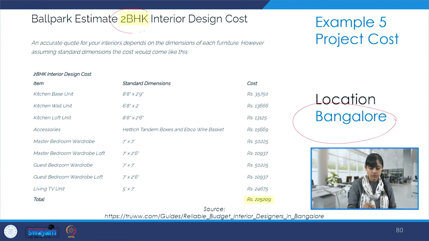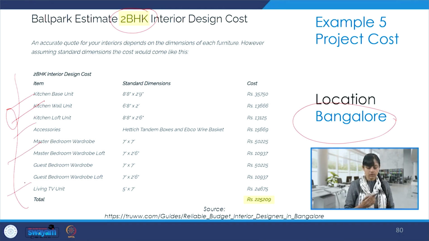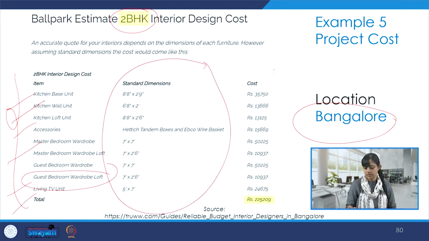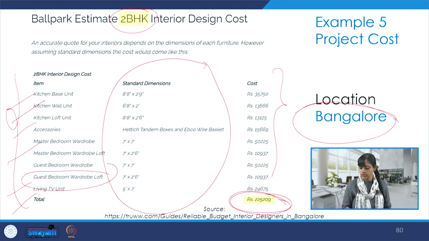This is for 2 BHK, and it has the itemized details such as kitchen base unit, kitchen wall unit, kitchen loft unit, accessories, master bedroom wardrobe, guest bedroom wardrobe, loft, living TV unit, some standard dimensions and some standard price, and then this amounts to a total of 2,25,209 in terms of INR for a location Bangalore.